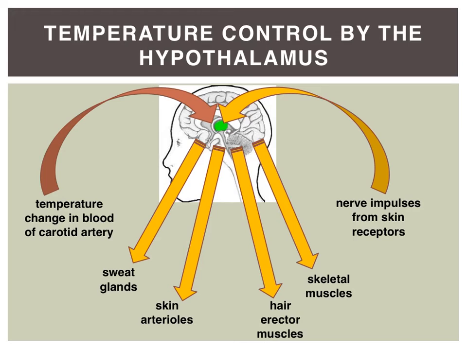And the hypothalamus will then send out messages in order to control various parts of the body to enable the internal temperature to come back to the normal if it's moved off the norm or the optimum or the set point. And it sends out messages via nerve impulses to various parts that are involved in this: the sweat glands, the skin, the hair erector muscles and skeletal muscles, and we'll look at that in.